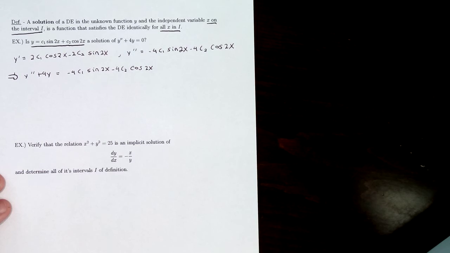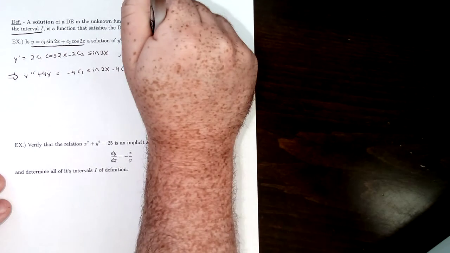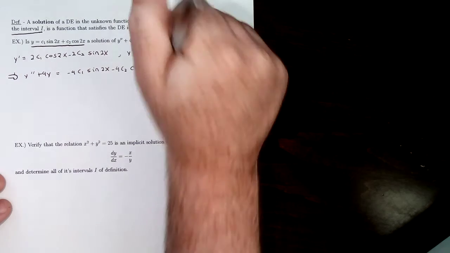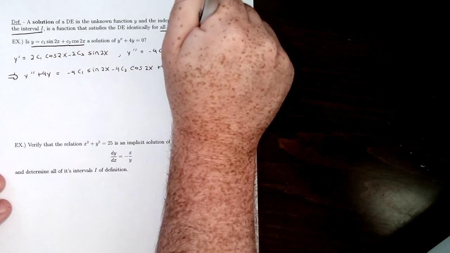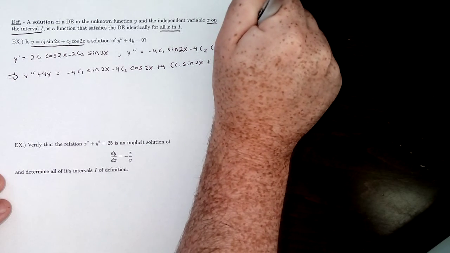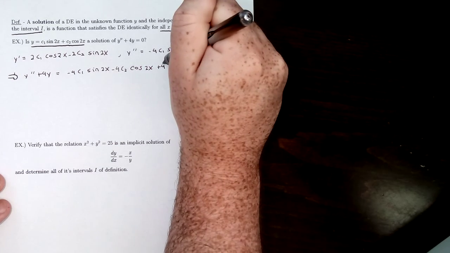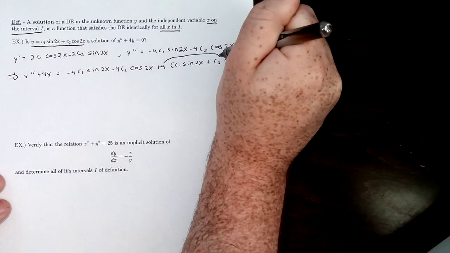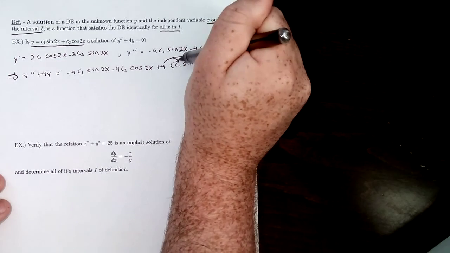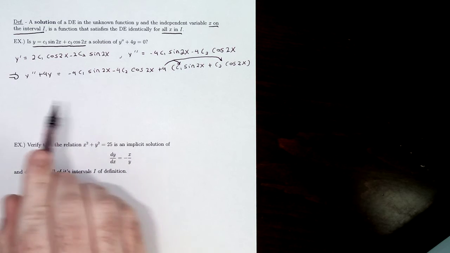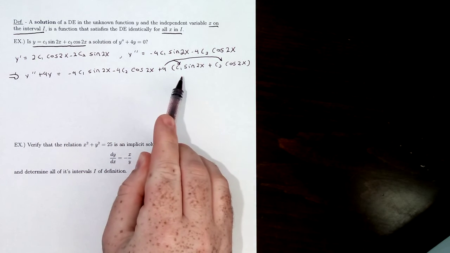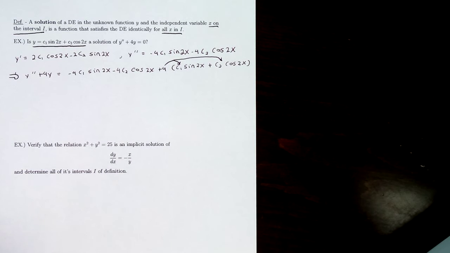Then we're going to have plus 4 times, well, y, which is c1 sine 2x plus c2 cosine 2x. So notice that the 4 distributes both out to the c2 cosine 2x term and to the c1 sine 2x term. We have negative 4c1 and negative 4c2, positive 4c1 and positive 4c2.